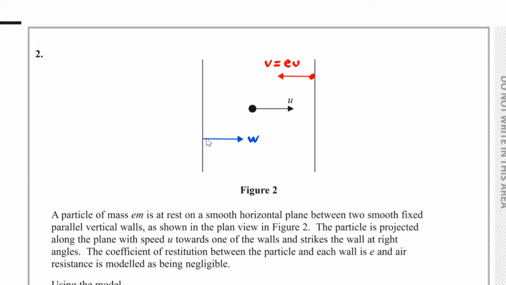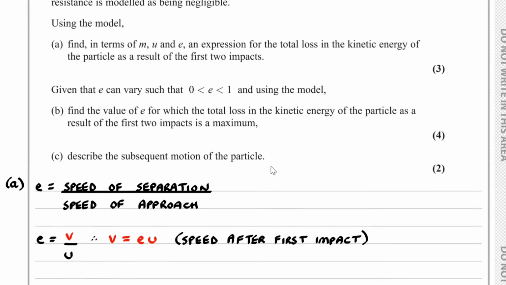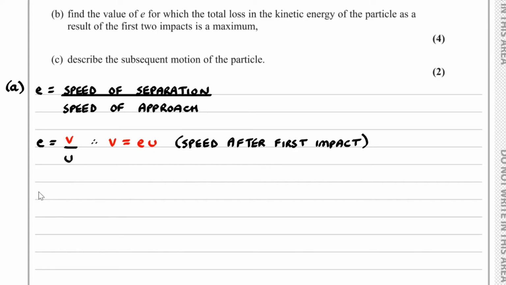And so what we now need to do is find out what w is. So we know that e is equal to the speed of separation, which we just said is w, divided by the speed of approach, which we have just said is v, which is eu.